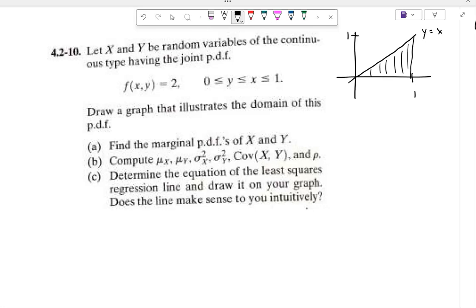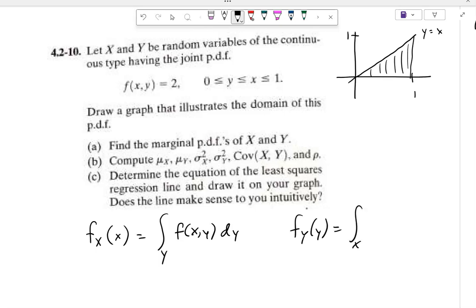All right. So let's do our marginals. Remember, for our marginals, we have to integrate over all the possible y's to get our marginal for x. And likewise, to get the marginal for y, we have to integrate over all the possible x's. So in the first case, my y bounds need to be in terms of x.